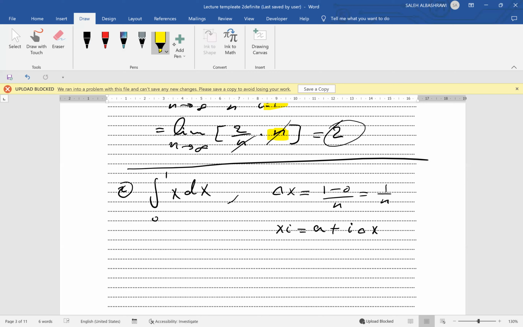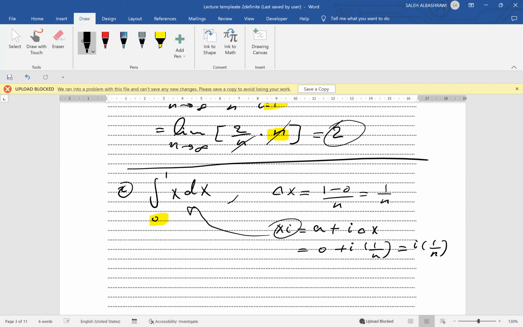Now, a is equal to 0, the left end of the interval, or the lower limit of the definite integral. So xi can be written as 0 plus i multiplied by delta x, which is 1 over n. That will be i times 1 over n. This is xi. I need to replace it in the function later on.